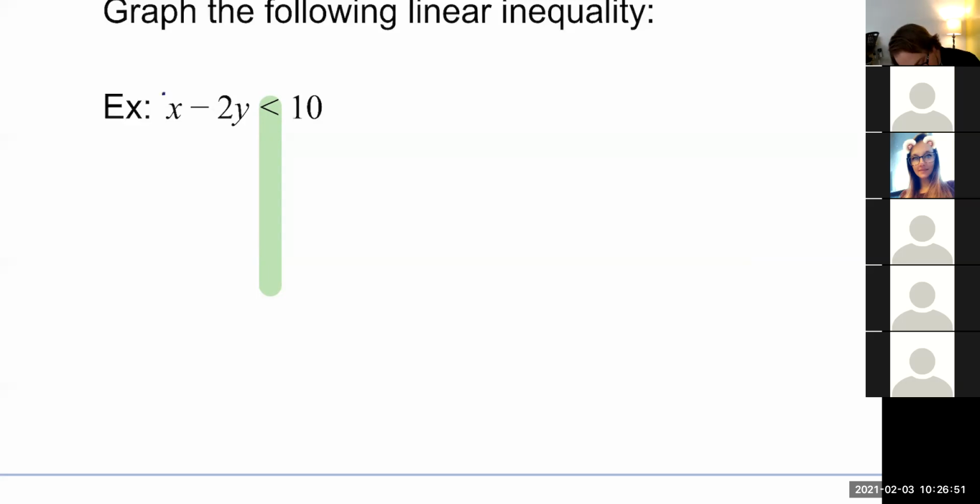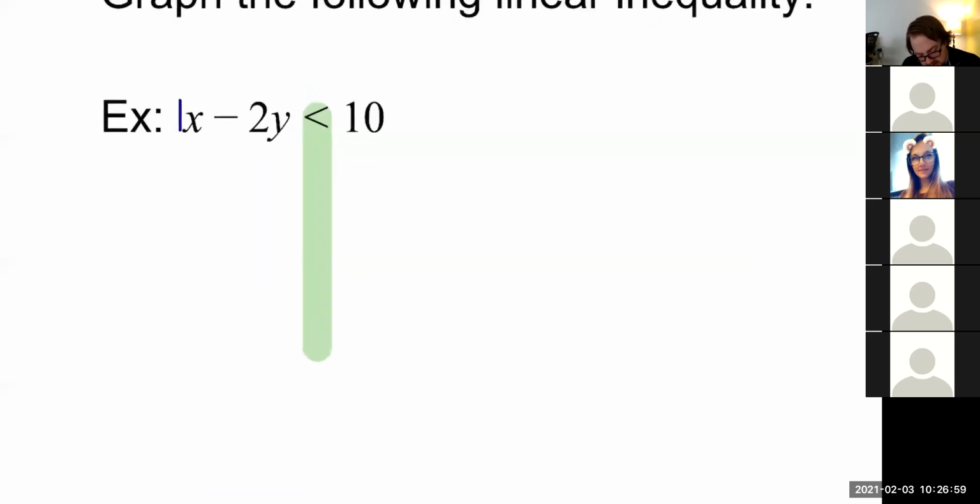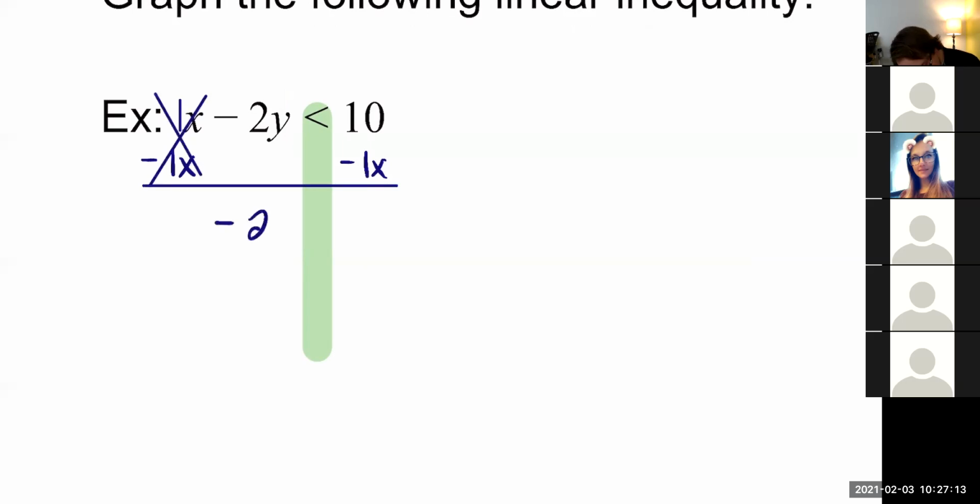And if it helps, let's put that 1 next to the x, since that's probably going to be the first thing we move, right? How would you move that 1x? So subtract 1x from both sides. So far still feels like an equation. So it leaves me with negative 2y on the left is less than, are those like terms on the right?